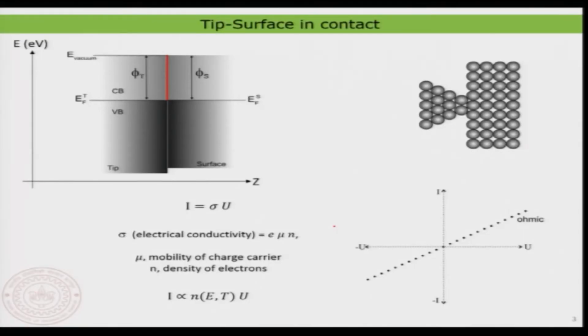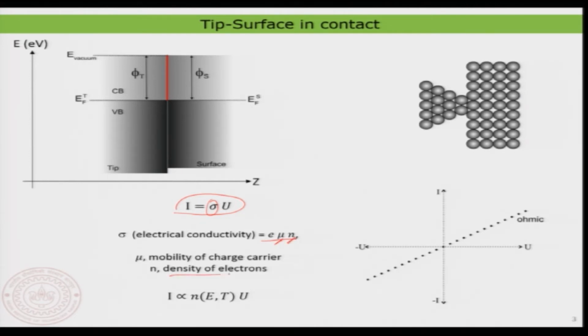In general, the current is directly proportional to the voltage, with a constant known as the electrical conductivity, which is written using the charge of the charge carrier, in this case the electron, then the mobility, then N, which is the density of electrons.